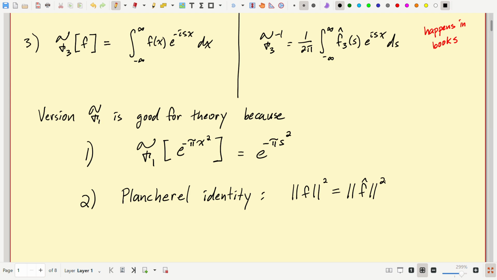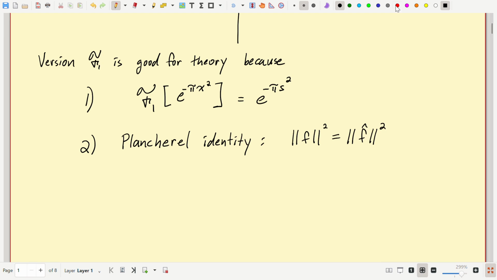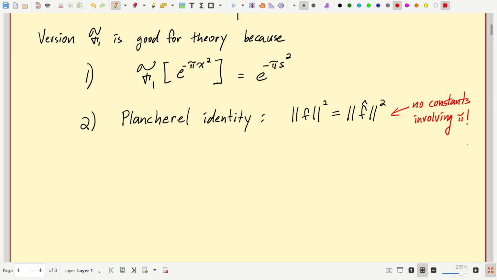And that's a very critical thing. There are no constants involving pi's. If you use the other 2 versions, you'd have constants. Here it's just a 1. That means that the Fourier transform is an isometry on L2.